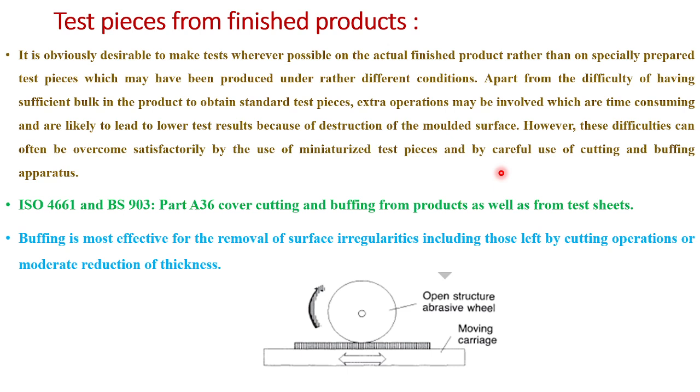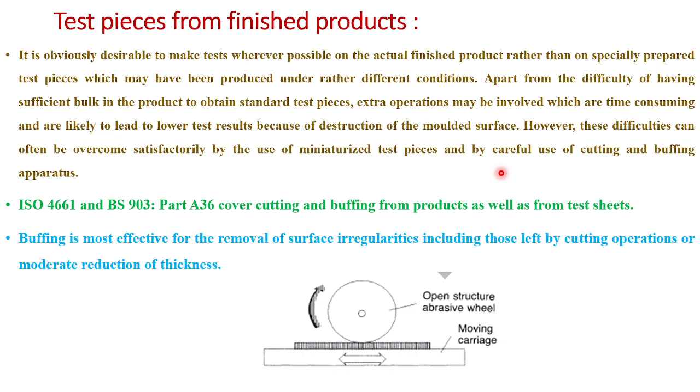So, for example, if it is a conveyor belt, you need to prepare a dumbbell size sample from the belt only. For that, the surface may not be very smooth. In case of compound level, during the sheet processing and the cutting of your test pieces, as the thickness of the sheet is usually within 4 mm, it becomes easy.